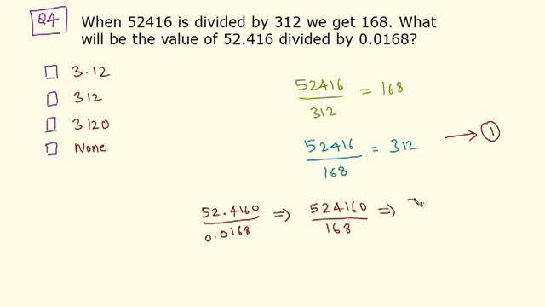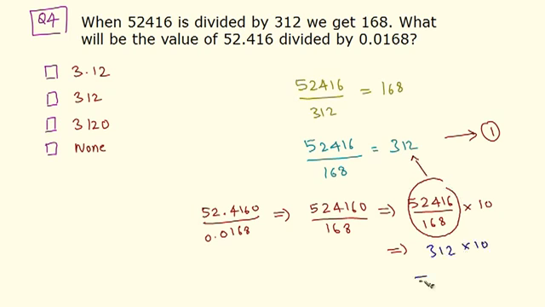Now again this can be written as 52416 by 168 times 10, and we know the value of this is 312, so this is 312 into 10, which is equal to 3120. So option C is our answer.